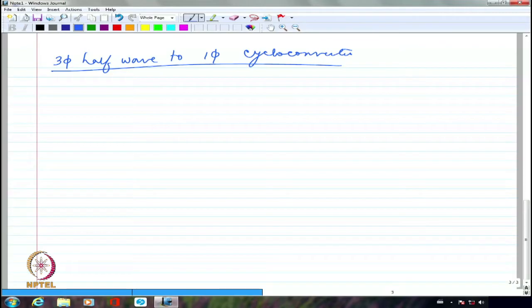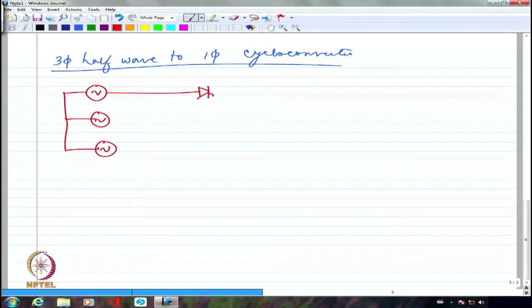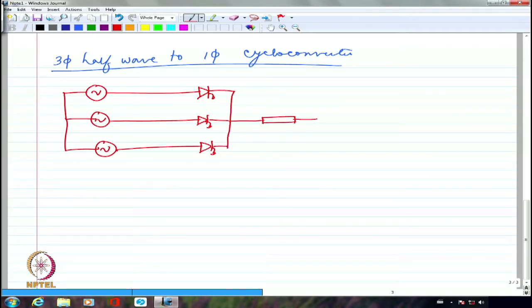So, if I am going to have 3-phase input like this, you guys remember the half wave rectifier for 3-phase. We said that for every phase, we have to have 1 thyristor. Right? And then the load will be connected between this and the neutral. This is the way it is connected. Right? This is a half wave rectifier.